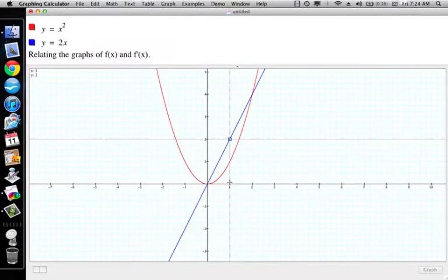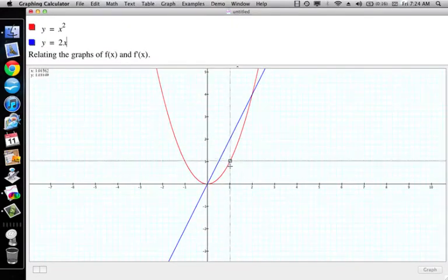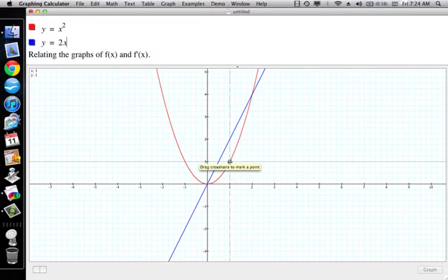Right here, if I click right there, okay, right there, the red line, y equals x squared, has a y value of 1, and it has a slope of 2. Okay, so whenever the blue line is below the x-axis, that means that the graph is going down.